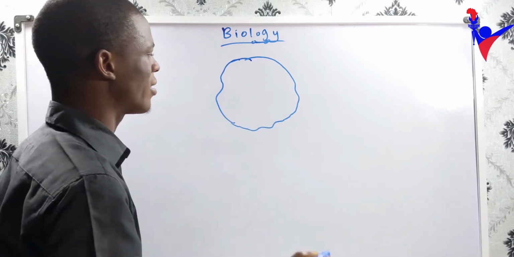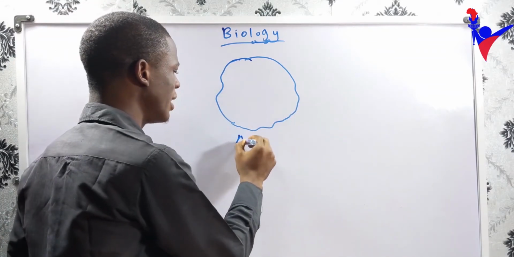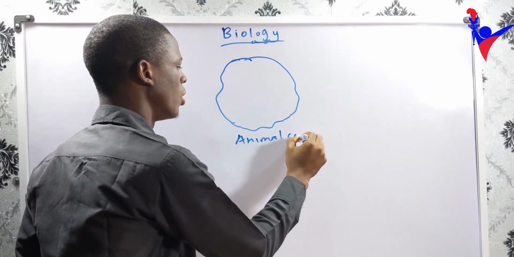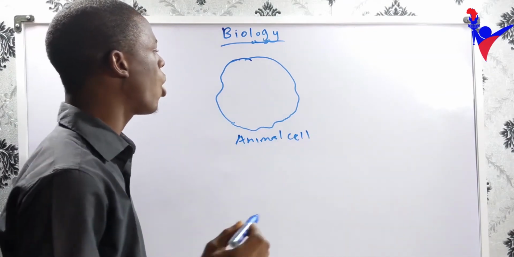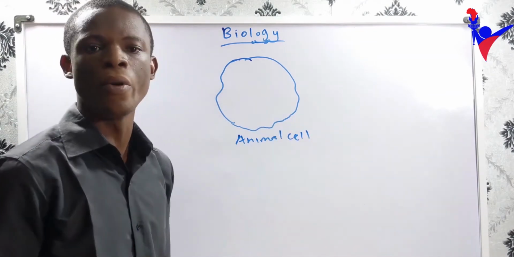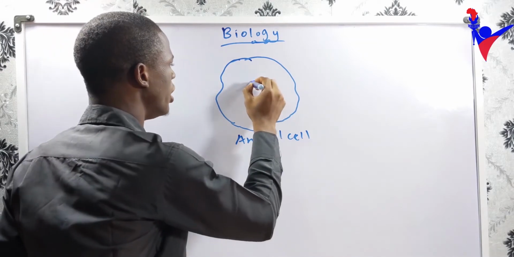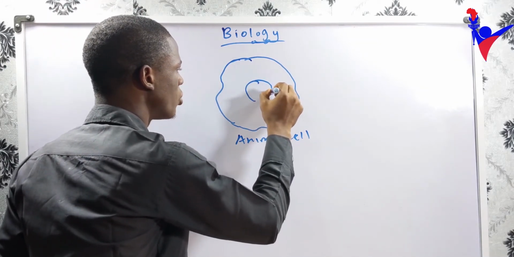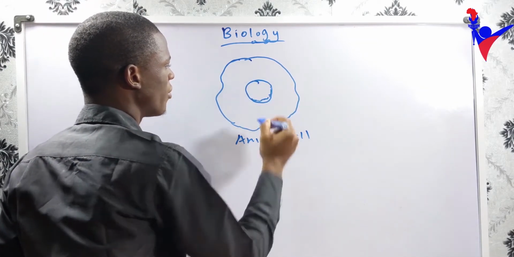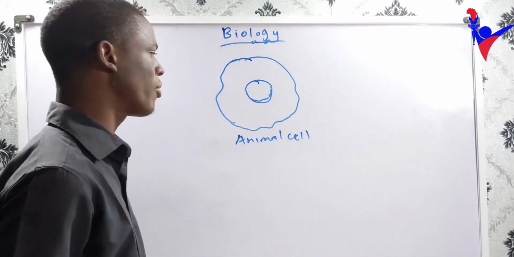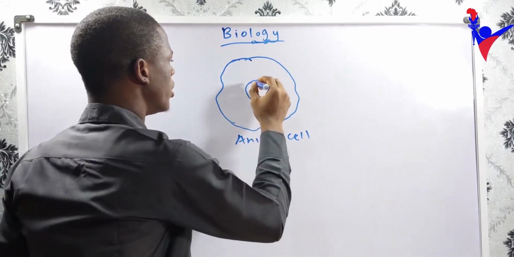This is an animal cell, so it has a central membrane-bound organelle, which is the nucleus. Inside the nucleus we have structures that we call the chromosomes.